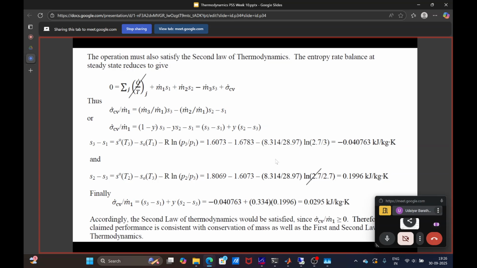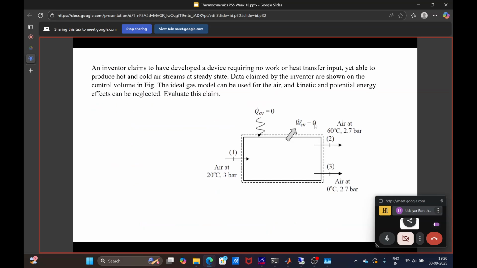So this process is possible, and actually we do have a device which provides a similar kind of process. It's called a vortex tube. You supply high pressure air, and the air flows through an orifice and flows as a vortex.